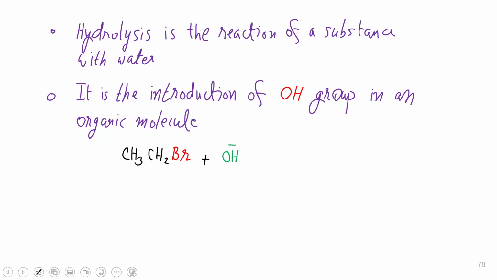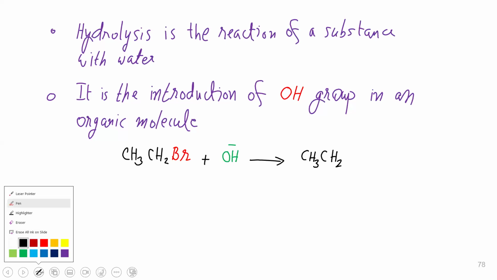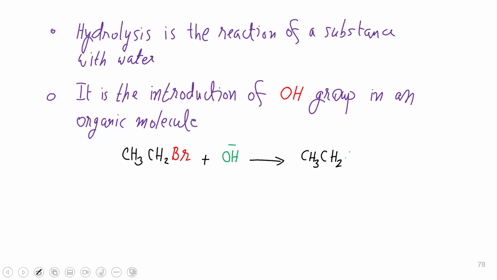This is a hydroxyl ion. Now, you have to see what happens. The bromine, which is a halogen, has been attacked by the OH, and OH comes here and sits in place of bromine. This is like a substitution reaction. Bromine has been kicked out.